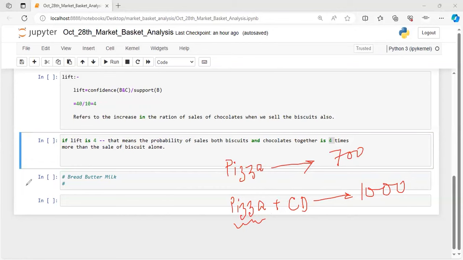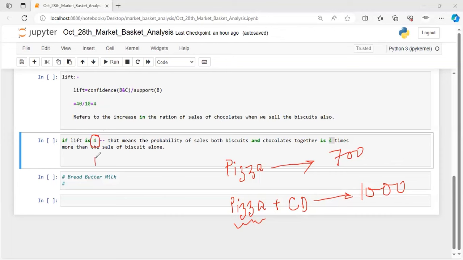Then why, sir, is the probability of both biscuit and chocolate more than the probability of biscuit alone? This is the lift value. That means the probability of people buying both biscuit and chocolate together is 4 times more than the purchasing of biscuit alone.